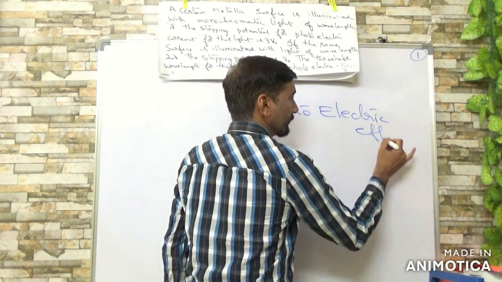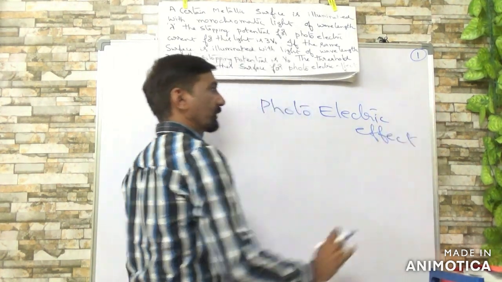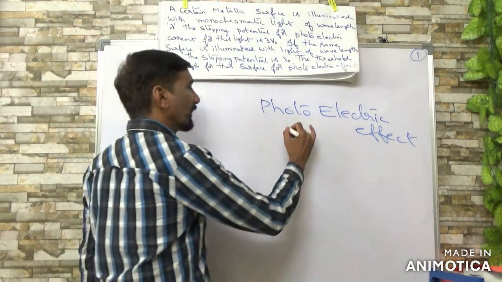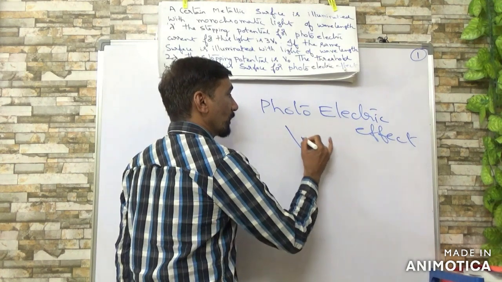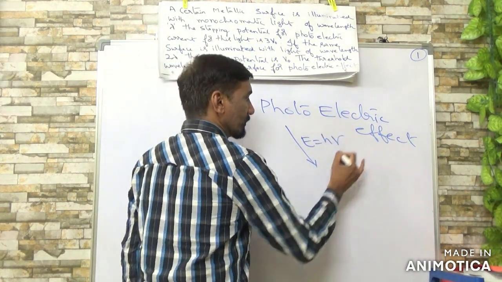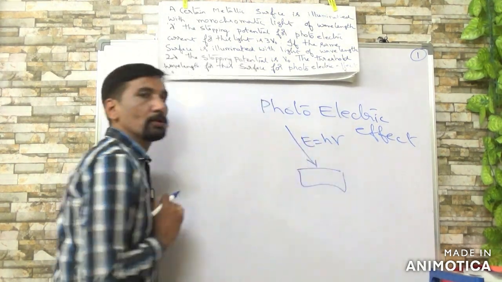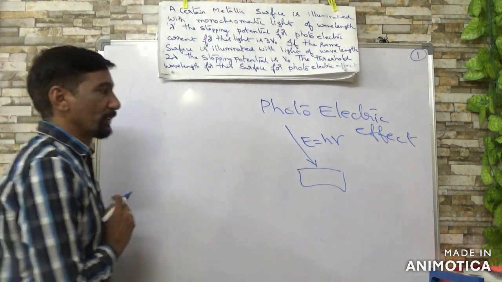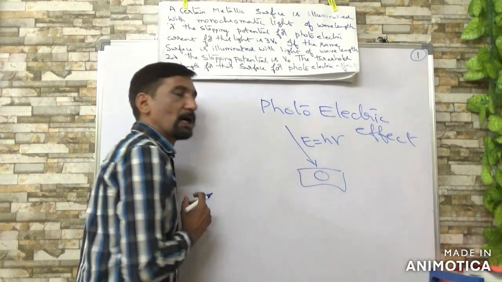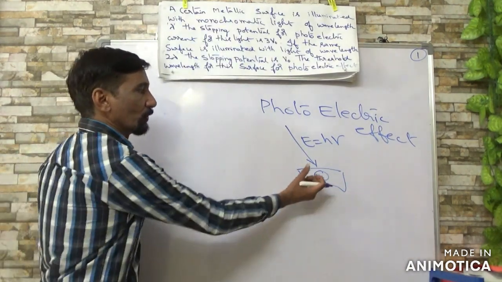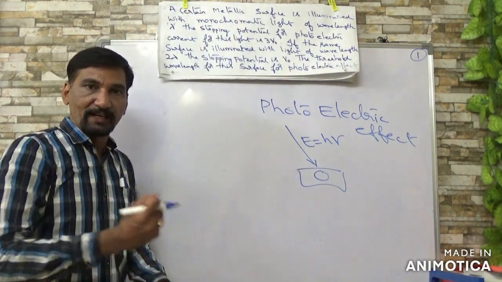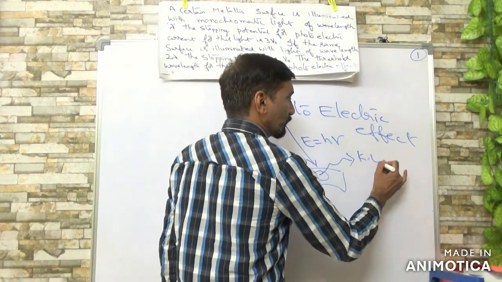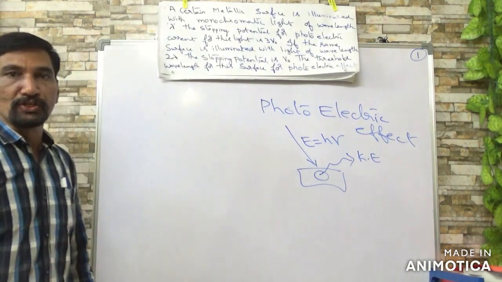Photoelectric effect. So what is the photoelectric effect? Whenever light of suitable wavelength is made to fall on alkali metals like lithium, sodium, potassium, some part of the energy is utilized by the metal to extract electrons, and the remaining part is useful for kinetic energy.